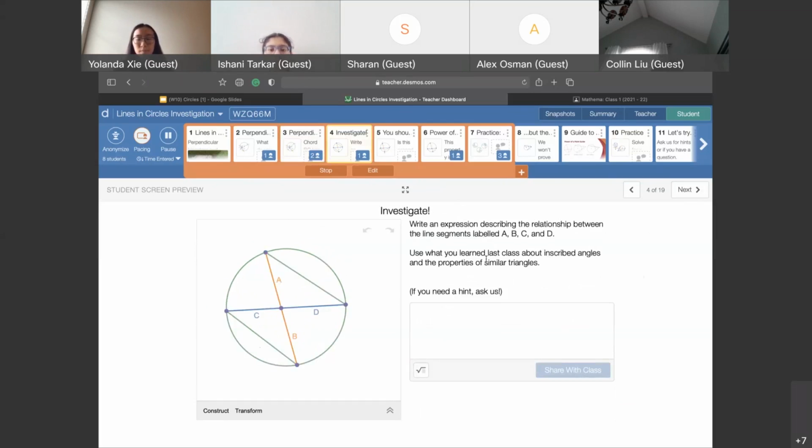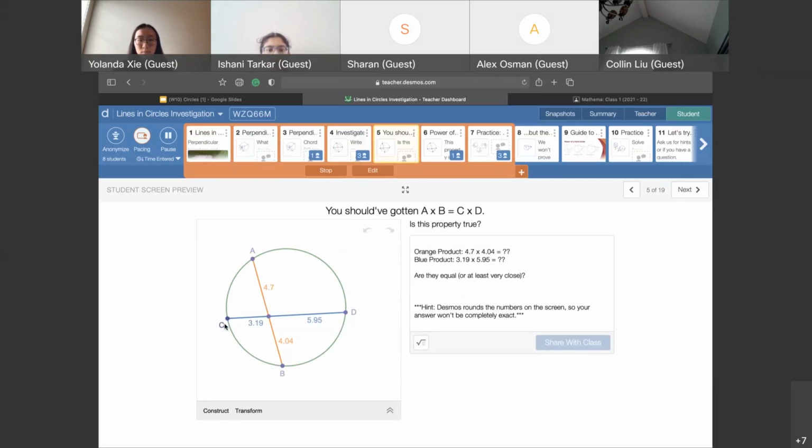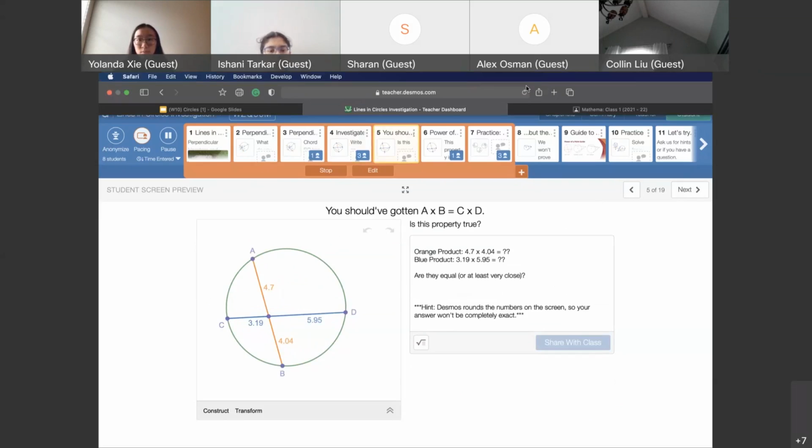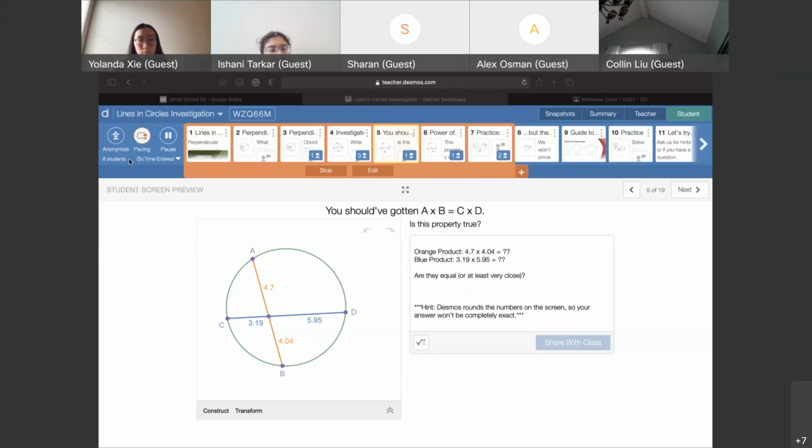Okay, so write an expression describing the relationship between the line segments A, B, C, and D. Use what you learned in class about inscribed angles and the property of similar triangles. So you should have gotten that A times B is equal to C times D. You can see it in an example right here. You'll see that 4.7 times 4.04 is around 18.988, right?